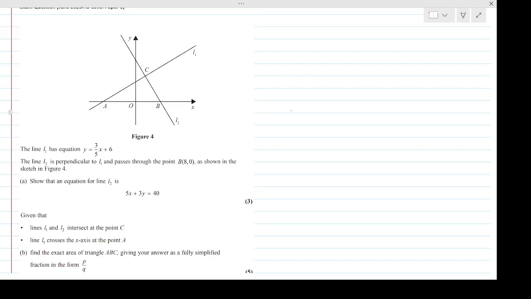Now they're perpendicular, so again they're going to be at a right angle. So they're perpendicular, so we're going to have to consider gradients, okay? Well, we're given the equation of L1 in y equals mx plus c form. Well, that means the gradient of L1 we can easily read off to be 3 over 5, right? 3 over 5 is the gradient there.